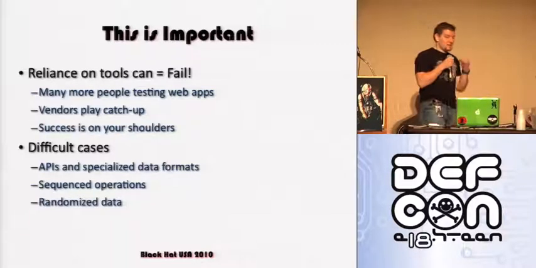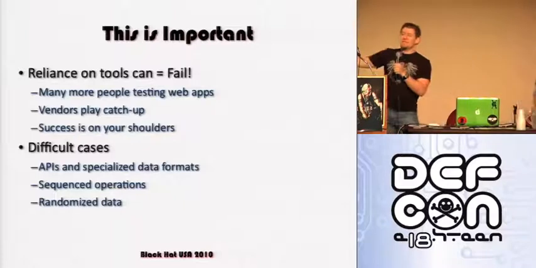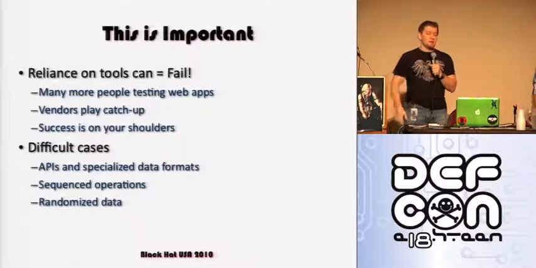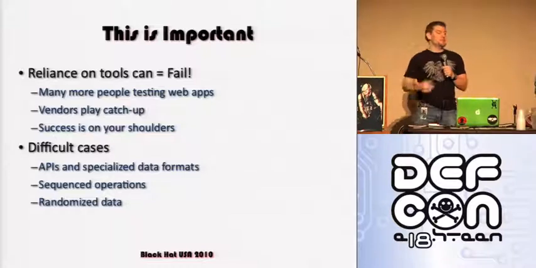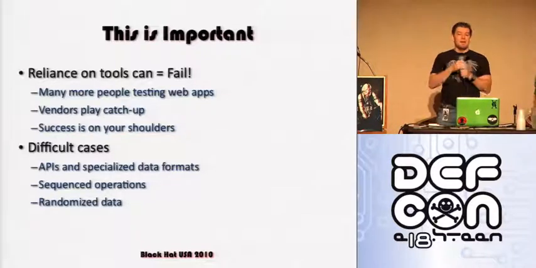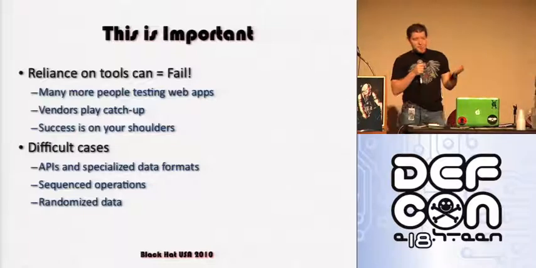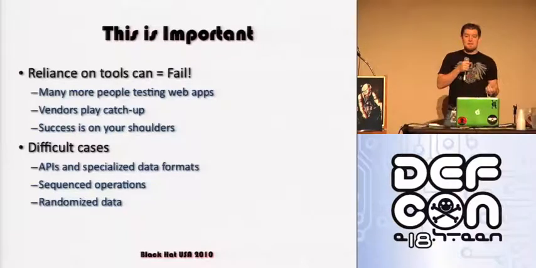There are also difficult cases where your standard testing tools won't really help you. APIs, for one. If you're testing your application and you run into an API, you might not even see it. The scanner might not see it unless it makes some sort of call. There are also sequenced operations.